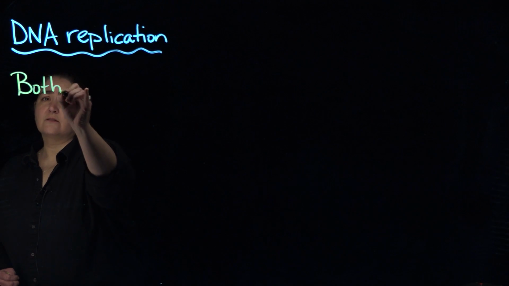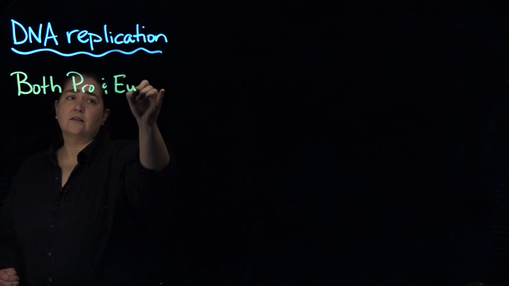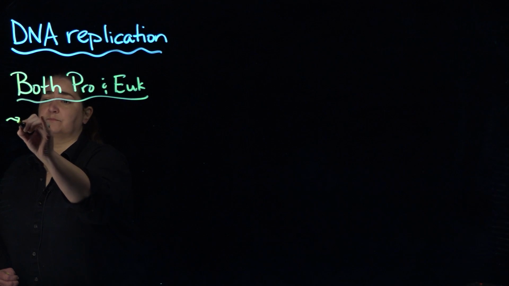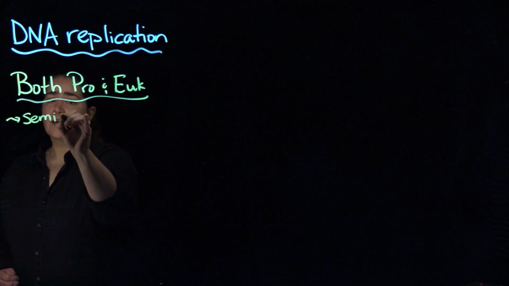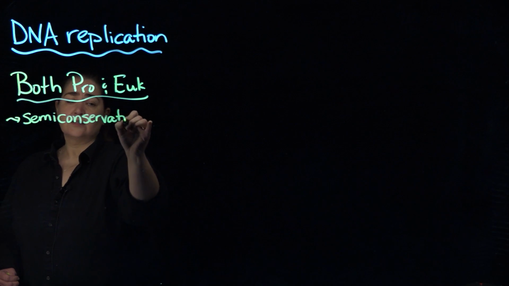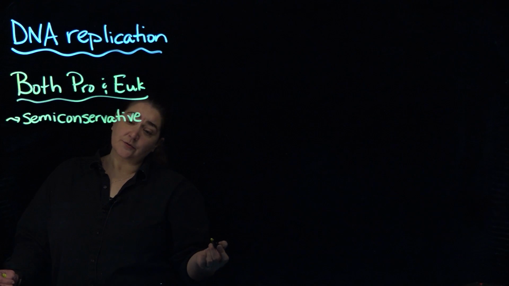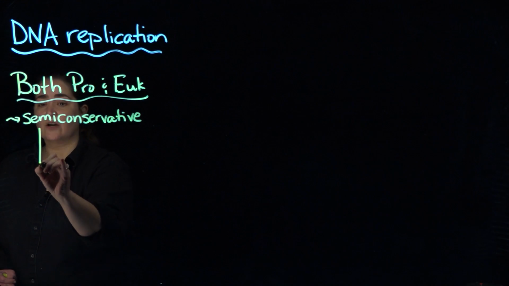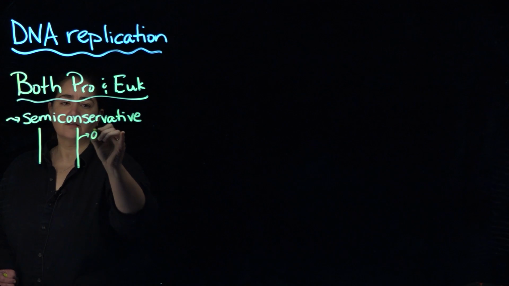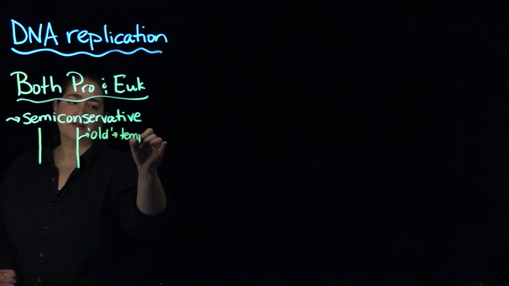So both prokaryotic and eukaryotic organisms are going to have semi-conservative replication. All right? What that semi-conservative replication means is you've got one strand that is the old strand, I'll put that in quotes, and that's going to serve as the template.